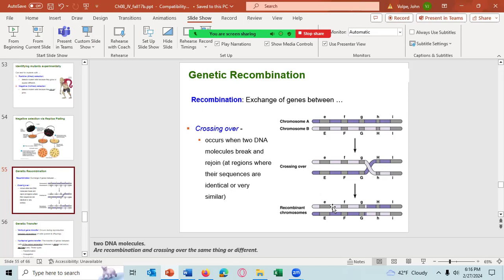Sorry, the change in the colors kind of threw me a little bit, but crossing over is where the chromosomes literally come together, cross over, and then break and recombine.